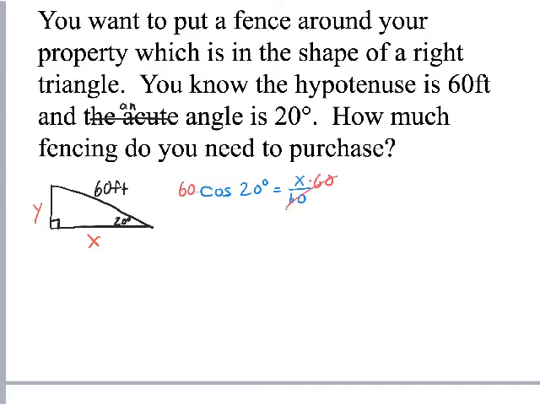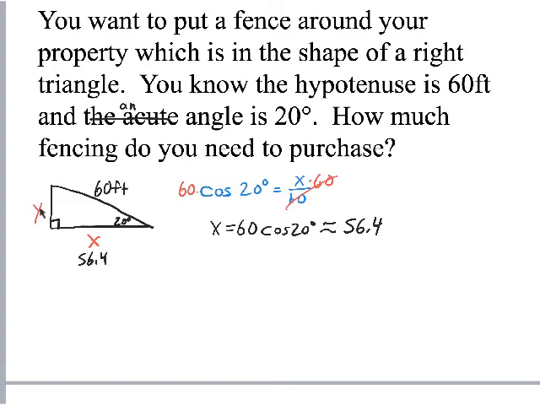When I do that, I get x is equal to 60 cosine 20 degrees. And then we approximate that using our calculator, which would be 56.4. So this right here is 56.4.